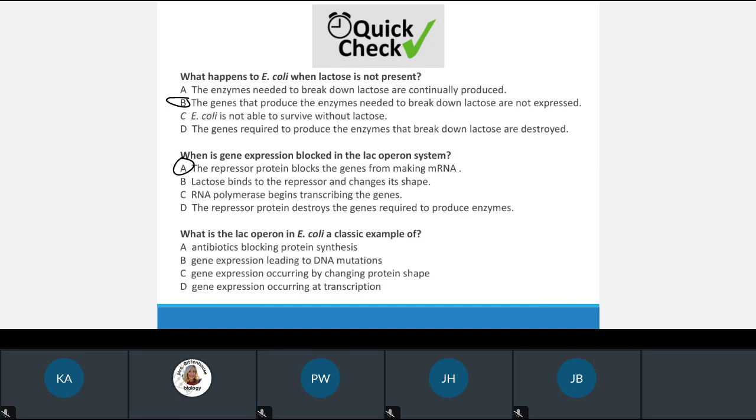And last of all, what is the lac operon in E. coli a classic example of? Is it antibiotics blocking protein, gene expressions that lead to mutations, gene expression occurring by changing protein shape, or gene expression occurring at transcription?